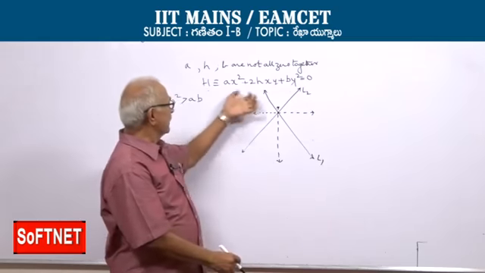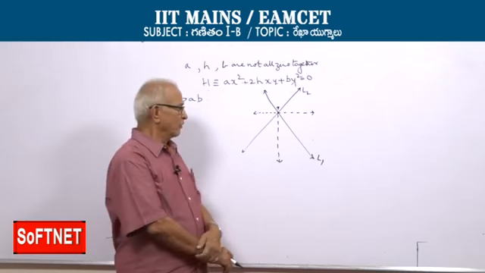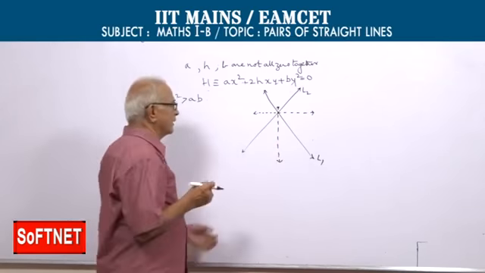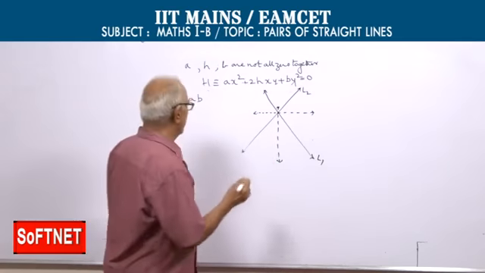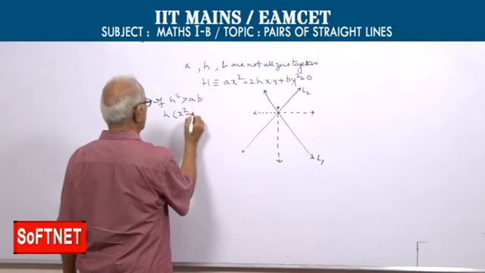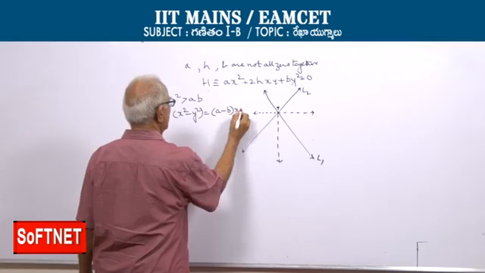Now, given the combined equation of these two lines L1 and L2 represented by the equation h equal to 0, what are the equations of these two bisectors? The equations of the bisectors of the angles between these two is given by h into x square minus y square is equal to a minus b into xy. This is the correct form.